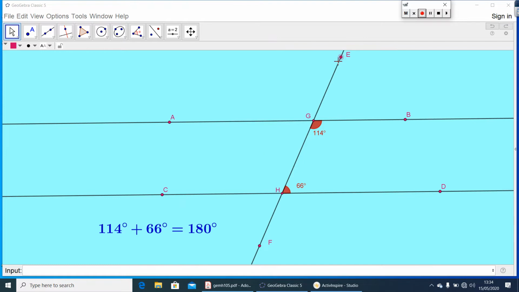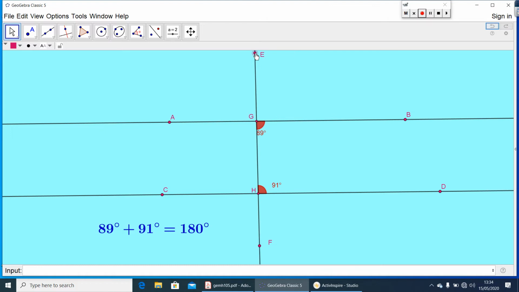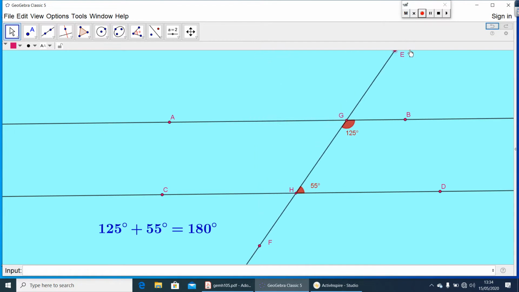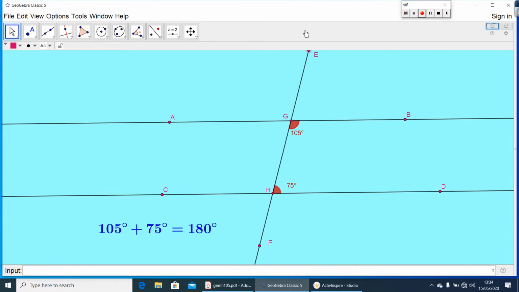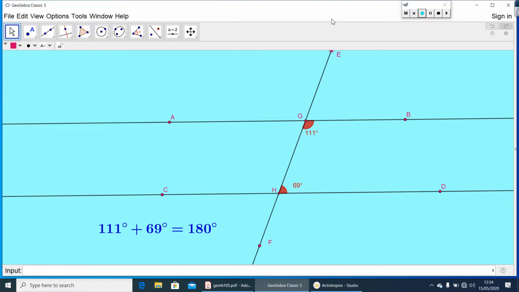Now let me change the position. 102 degrees plus 78... 101 degrees plus 79, again you are getting 180. 89 plus 91, again you are getting 180. In all the cases, the sum of these two angles is 180 degrees. If the sum of two angles is 180 degrees, then those angles we call supplementary.